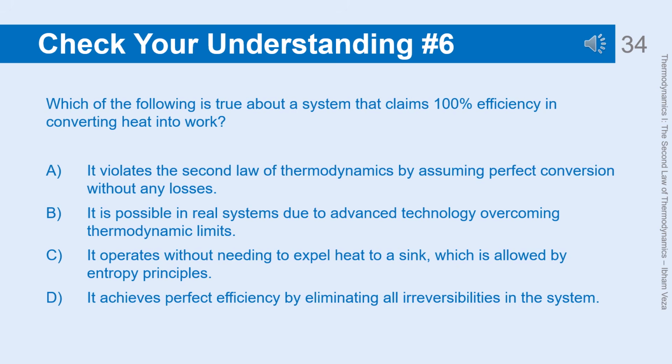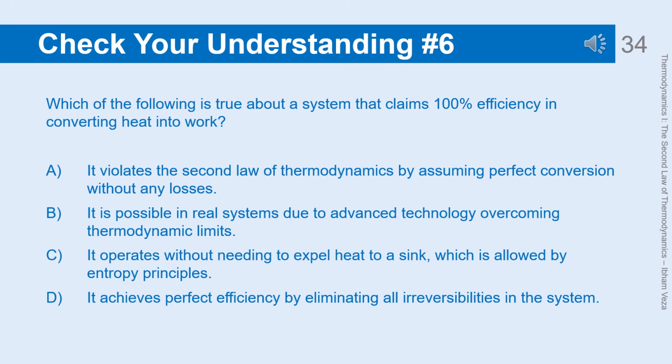B. It is possible in real systems due to advanced technology overcoming thermodynamic limits. This is incorrect because even with advanced technology, the second law of thermodynamics cannot be violated, and 100% efficiency is not achievable. C. It operates without needing to expel heat to a sink, which is allowed by entropy principles.